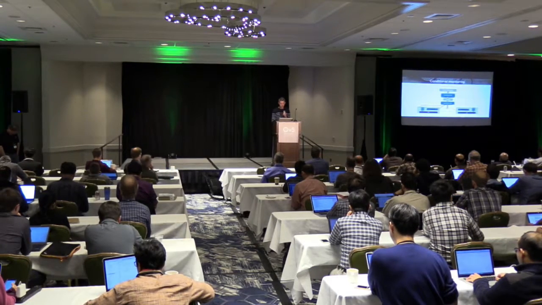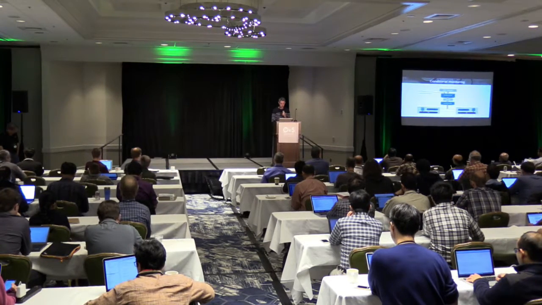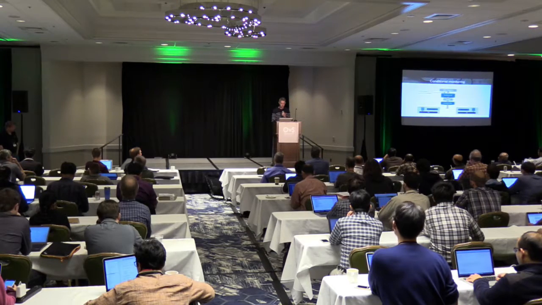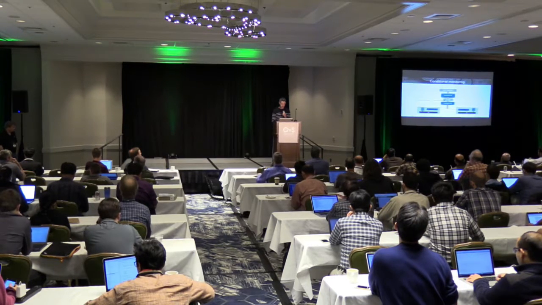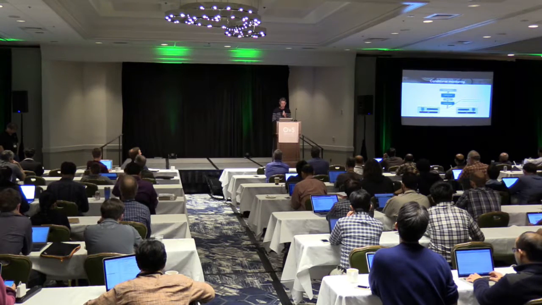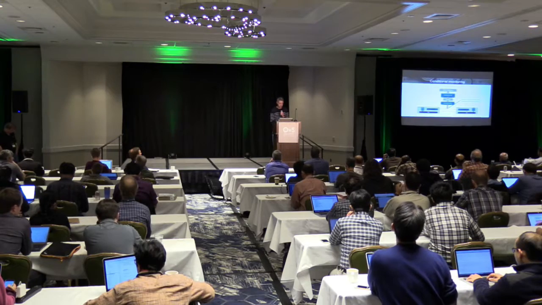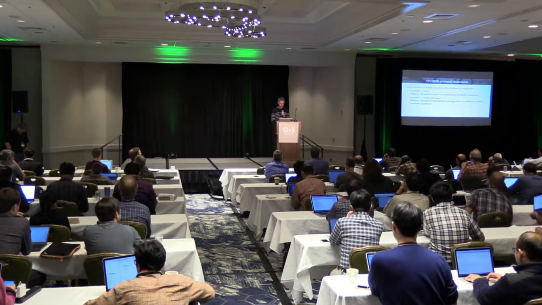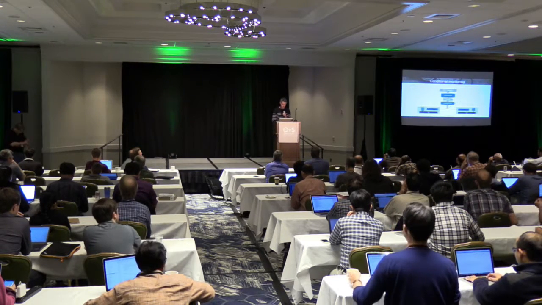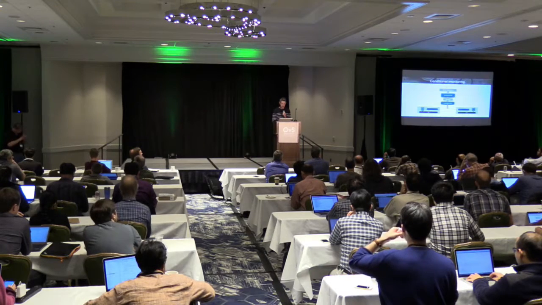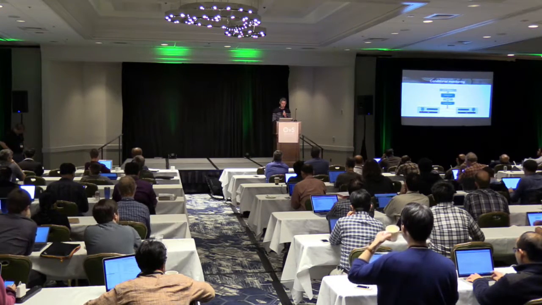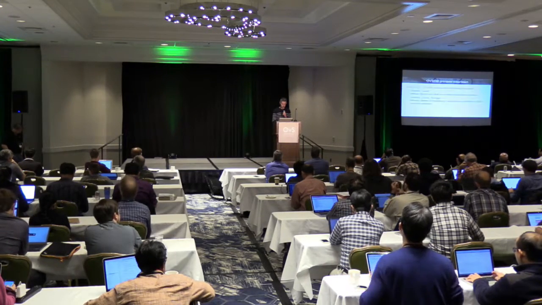OVN will behave normally, define the network topology in the northbound database, and then write it down to the southbound database, but updates will be pushed only to the relevant compute nodes. And by that, we will save many redundant flows on the compute nodes.